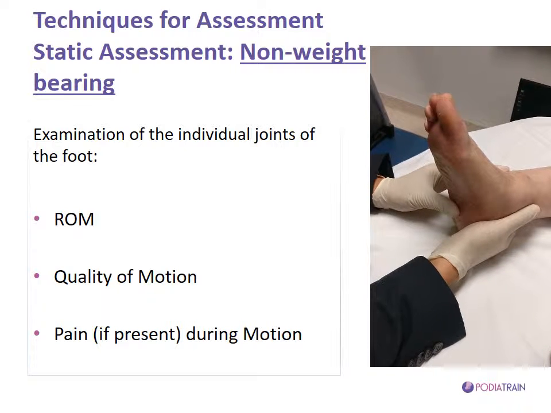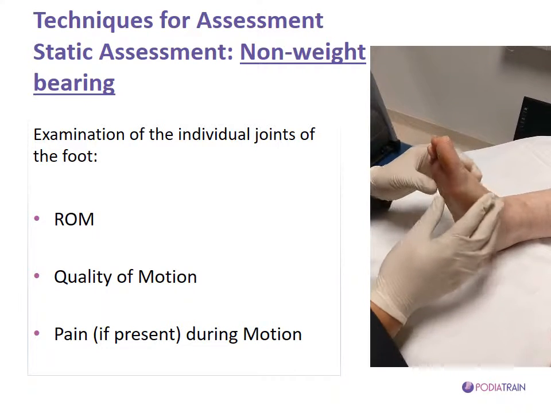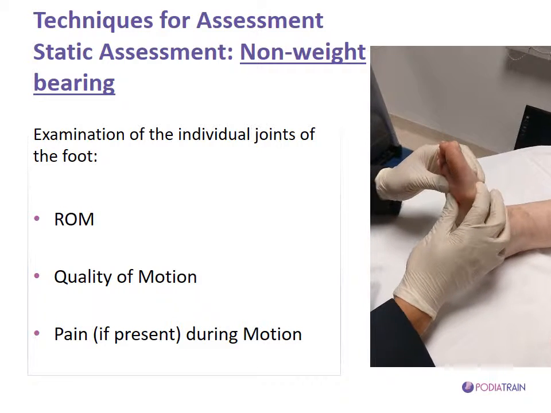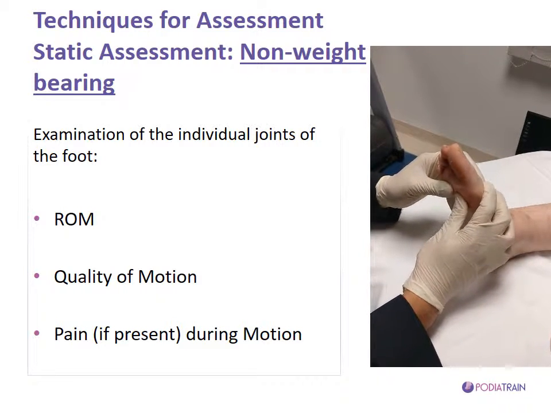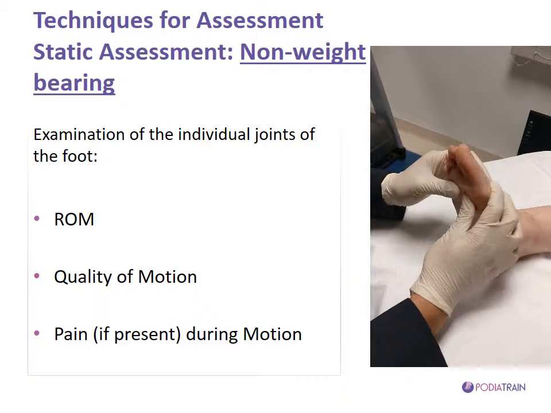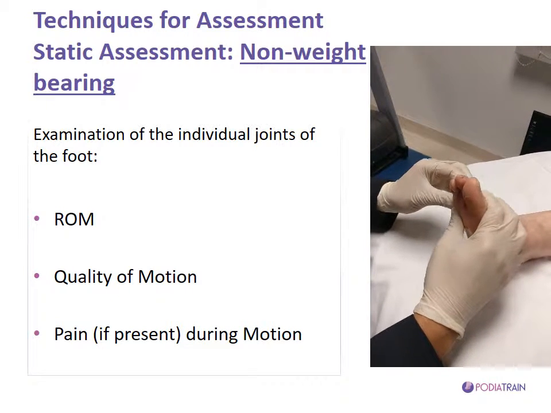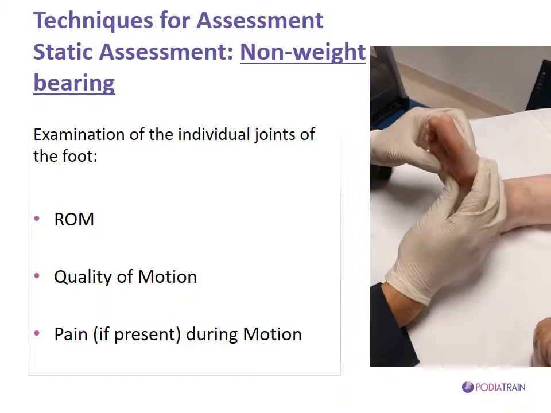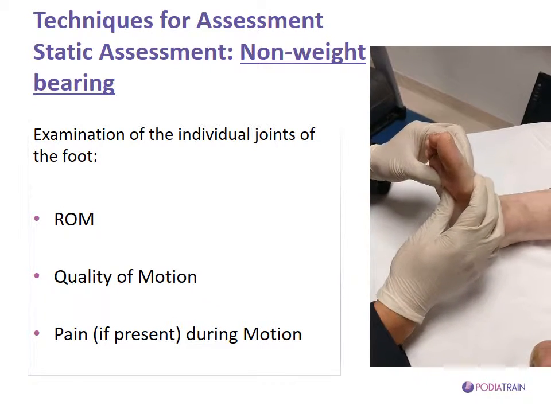Also, there is the first ray that we need to check. So motion in the first ray there, and also in the fifth. You can say that there is good motion in both joints.